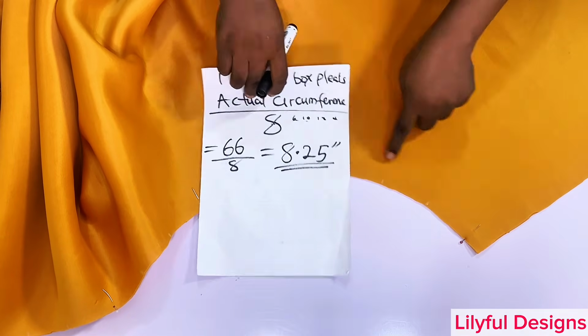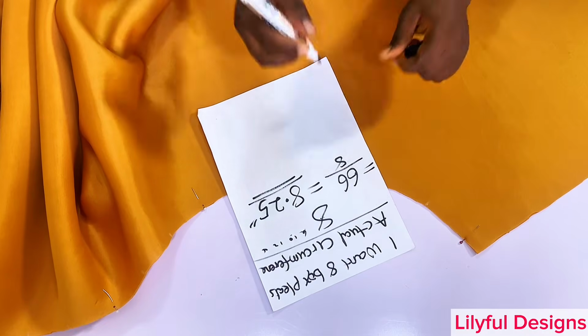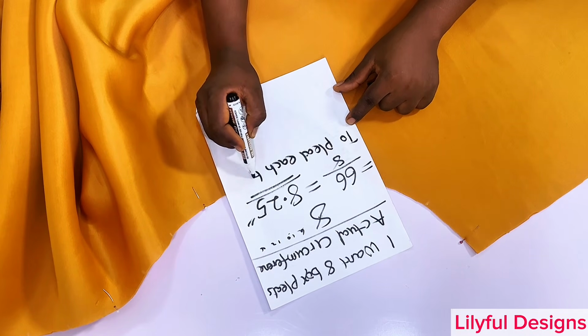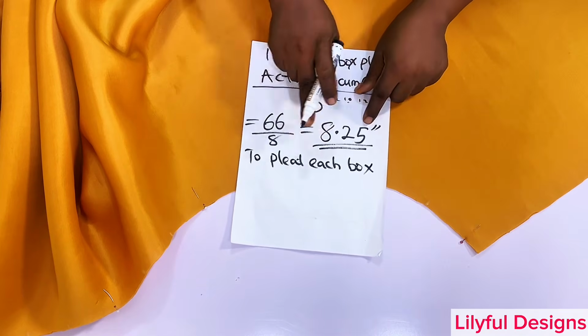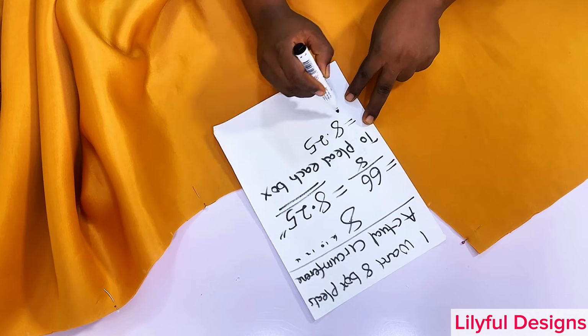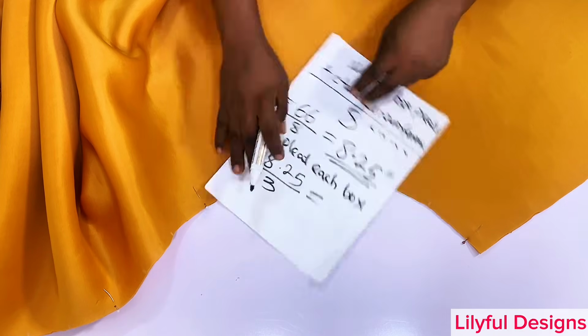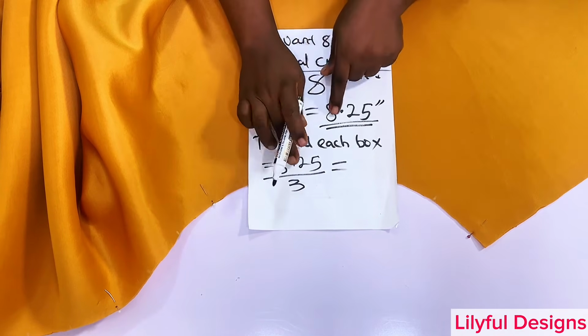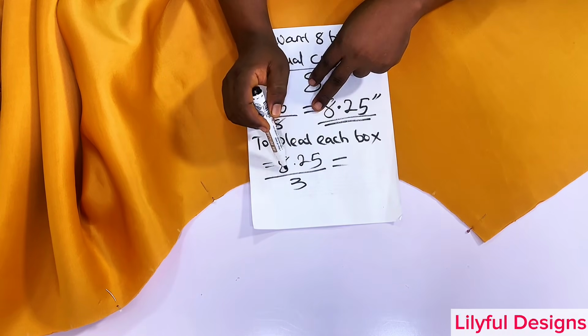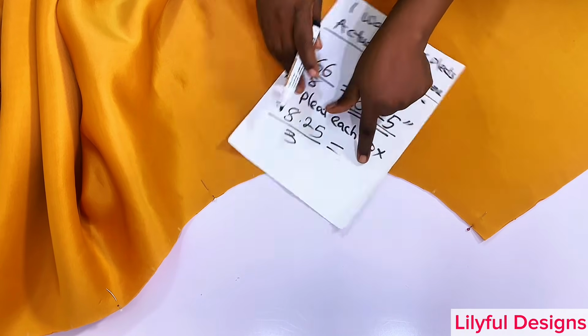So to that 8.25, I need to get the exact figure to pleat. Remember, I said a pleat is a factor of 3 fabrics layered together to get one radius. So I will take each 8.25 and divide it by 3.